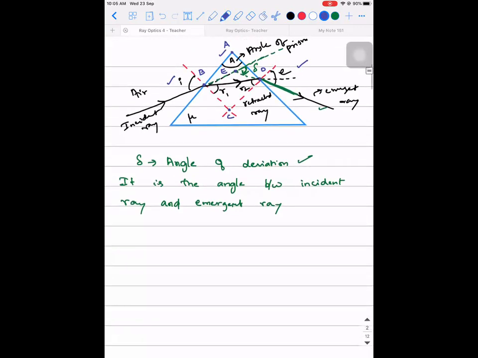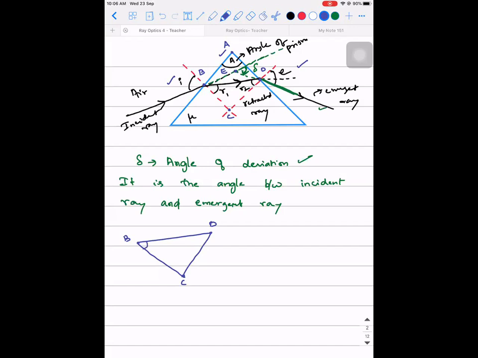So for that, since we need the relation between the angles, we will go with simple geometry. That's it. So how many triangles are you able to see? There are multiple, but look at the triangles only from the labeled parts. If I take the triangle BDC, what is this angle, guys?